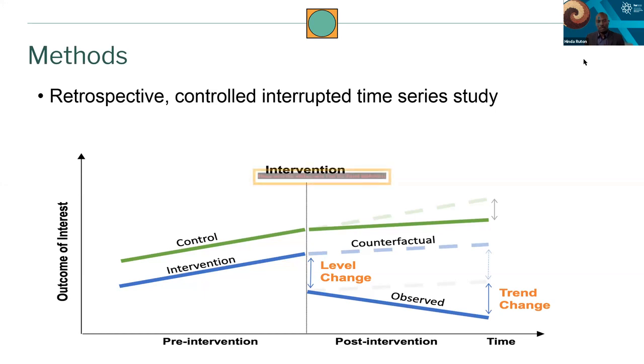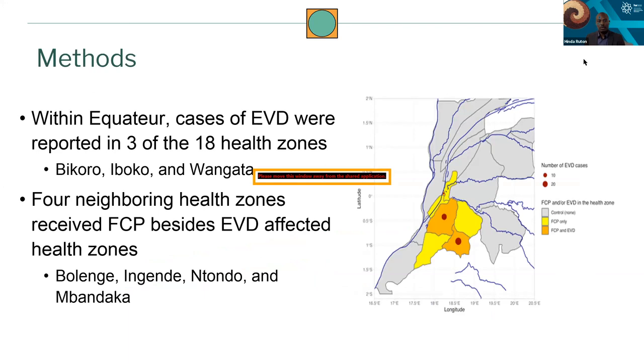So the intervention in this case will be the implementation of the free care policy. In the province of Equateur, which has 18 health zones, in 3 of those 18 Ebola cases were localized. So the government implemented the free care policy in those 3 zones, but as well in 4 neighboring health zones.